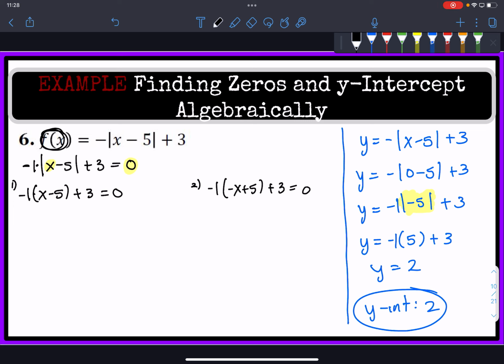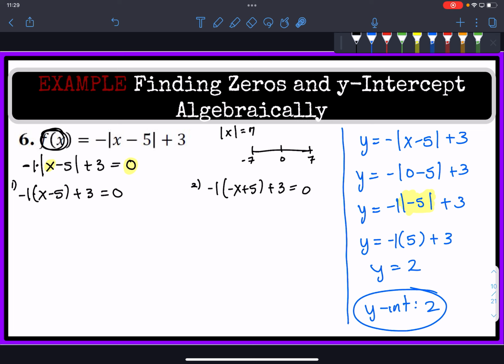Just to recap real quickly why we create these two cases, consider this example here. Let's say that the absolute value of x is equal to 7. There are two possibilities. There's either positive 7 or there is negative 7, because remember, the absolute value gives you the distance from 0.